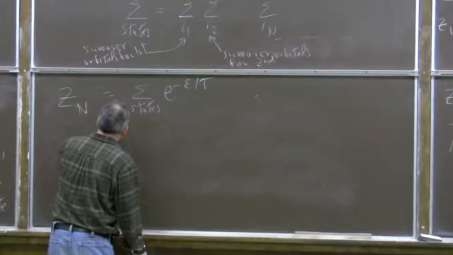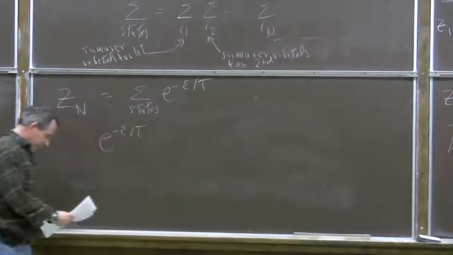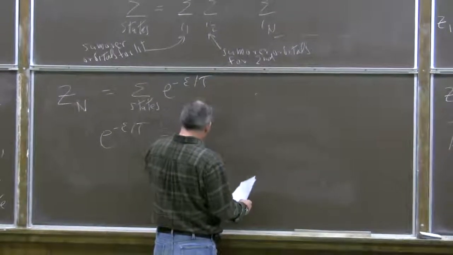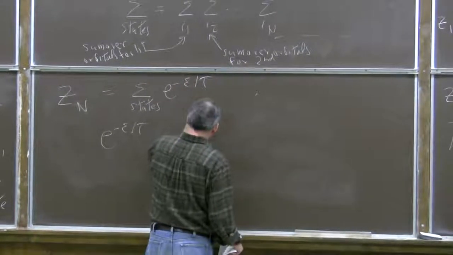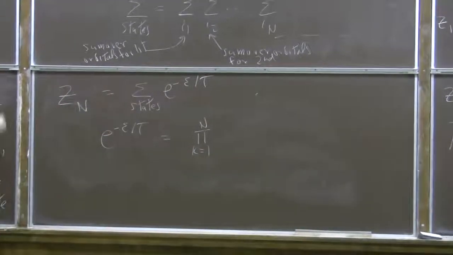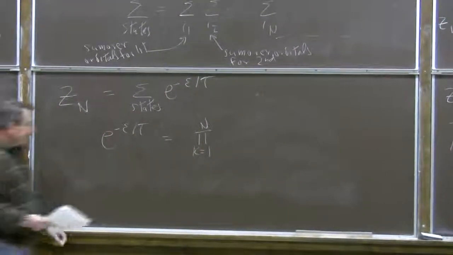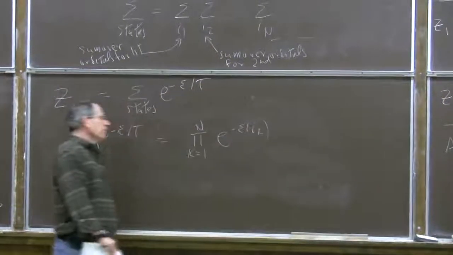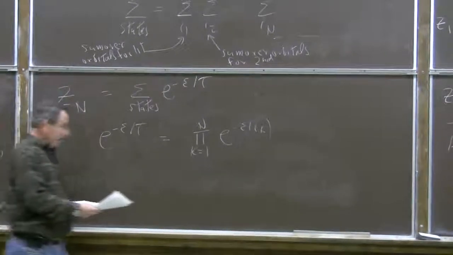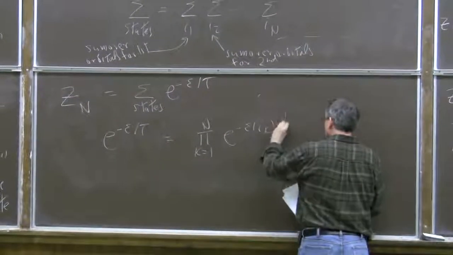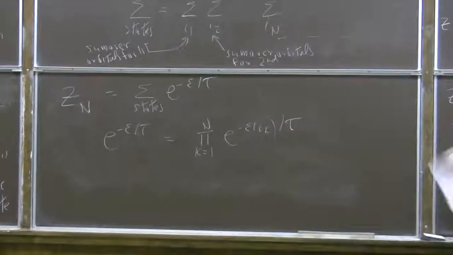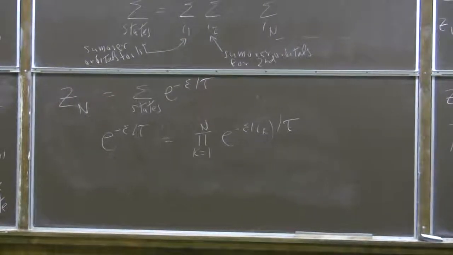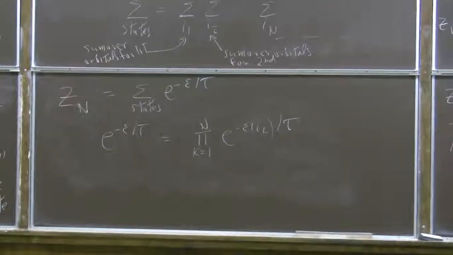So e to the minus energy divided by tau, I can write as the product, as the particle goes from particle 1 up to particle n, e to the minus the energy of the orbital occupied by particle k divided by tau. Now I want to sum that over states. But summing over states means summing over the orbital for the first particle, summing over the orbital for the second particle, and so on.